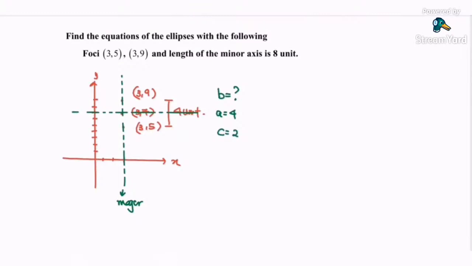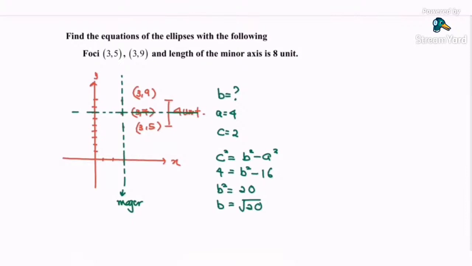By referring to the formula, c squared is equal to b squared minus a squared, since b is the major, meaning the value b is greater than a. So 4 is equal to b squared minus 16. Rearranging, we will have b squared is 20, so b is equal to the square root of 20.